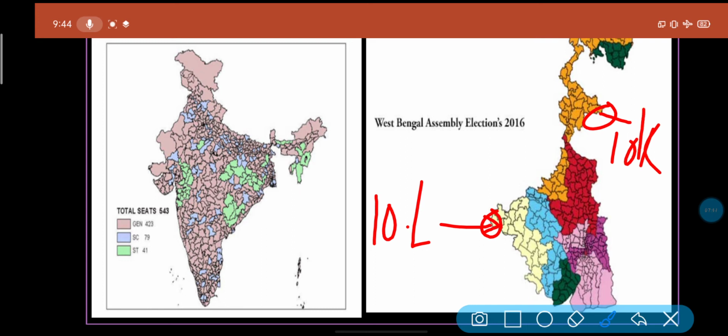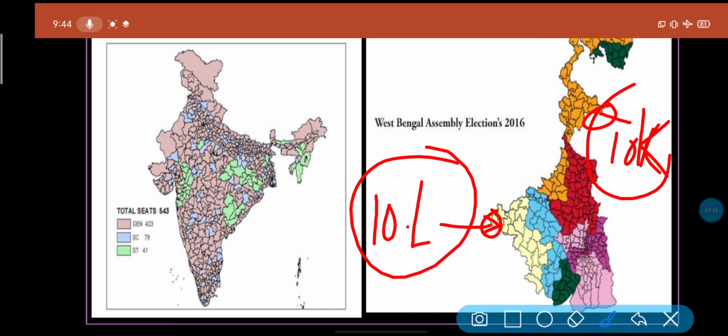Now if the state is divided into equal parts, and the representative of one part gets the support of 10 lakh people, while the representative of the other part gets the support of only 10,000, it's not like that. Our country divides the area into constituencies almost in the same manner.